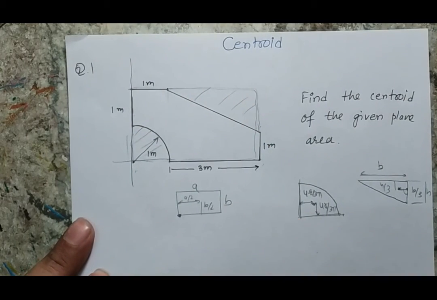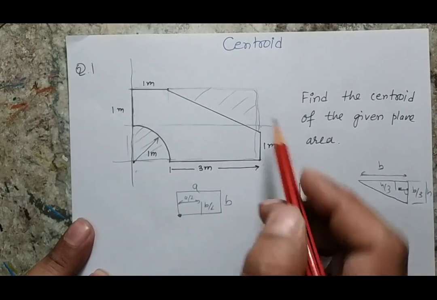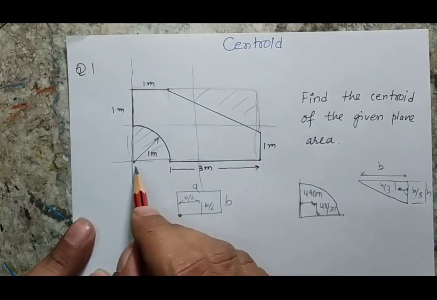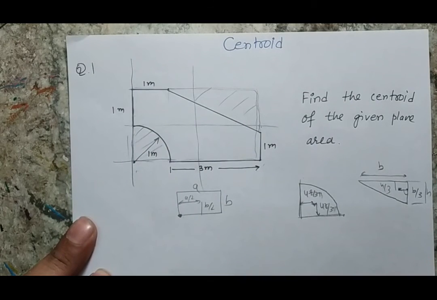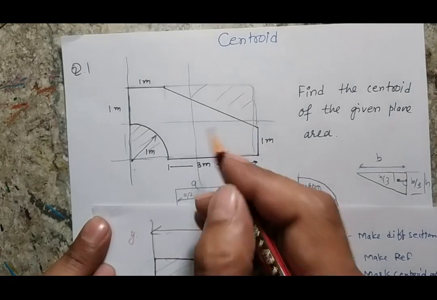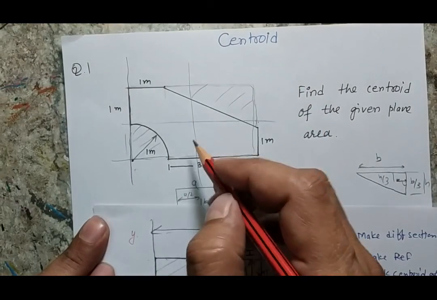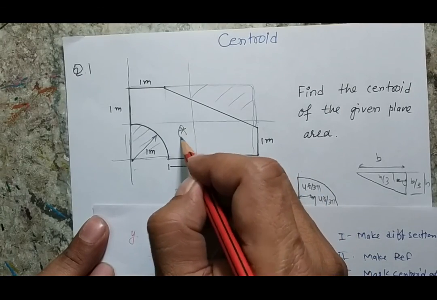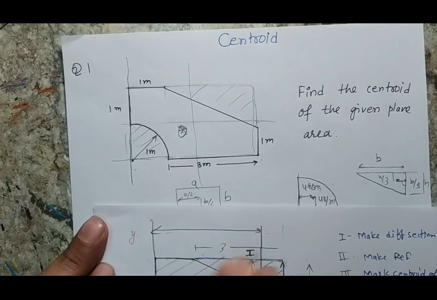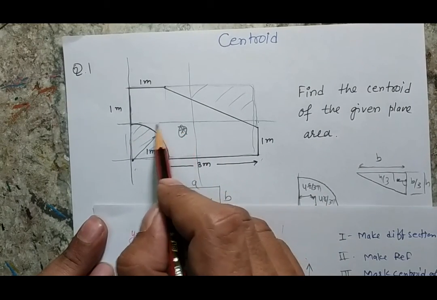So my one answer, 1.95, means it is somewhere here, and with the second one, my centroid will lie somewhere here, and from my intuition, I can understand that the centroid will be somewhere here in this zone.